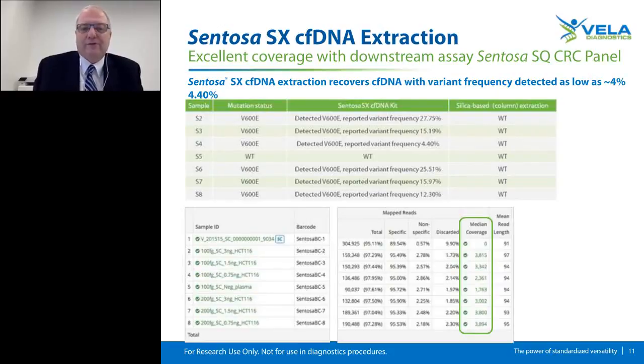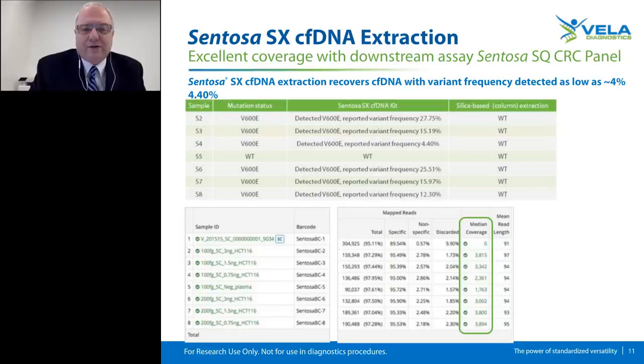Okay, so after we do this, what does the data look like? After we've provided the cell-free DNA preparation, we've then taken the prepared samples into our Sentosa SQ-CRC panel.